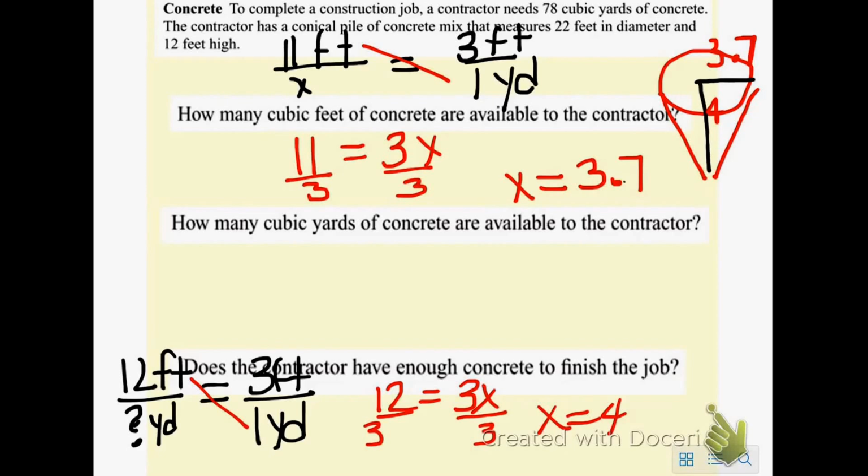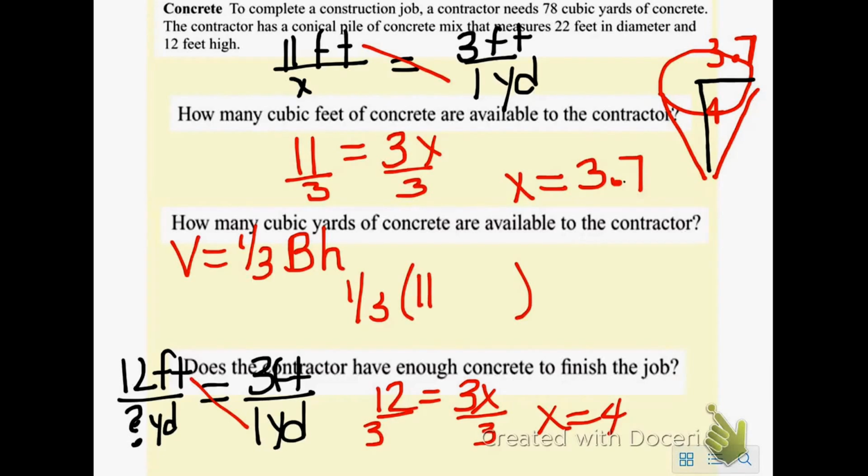So if I want to find out how many cubic yards of concrete are available, I would use my volume formula. V equals 1/3, capital B times H. Capital B is the area of the base, which again is a circle. So that's 1/3 times pi times 3.7 squared times h, which is the height I found was 4.